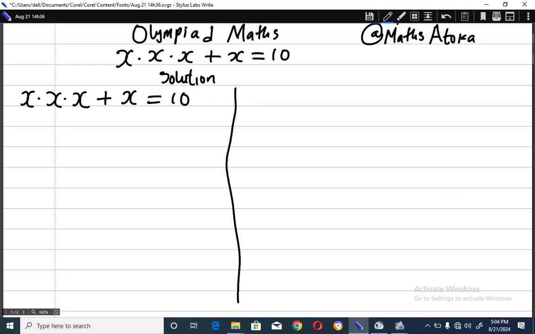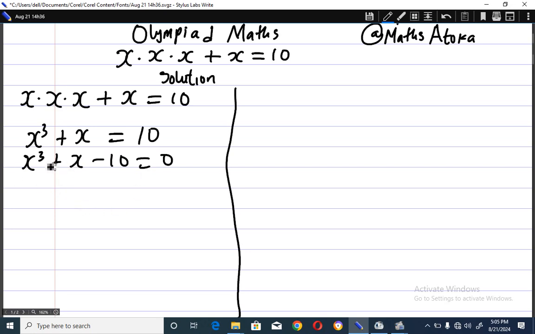Okay, so now first of all, we got that the multiplication of this gave us x raised to the power 3 plus x is equal to 10. Now if you bring this to this side, we are going to say that x raised to the power 3 plus x minus 10 is equal to 0.